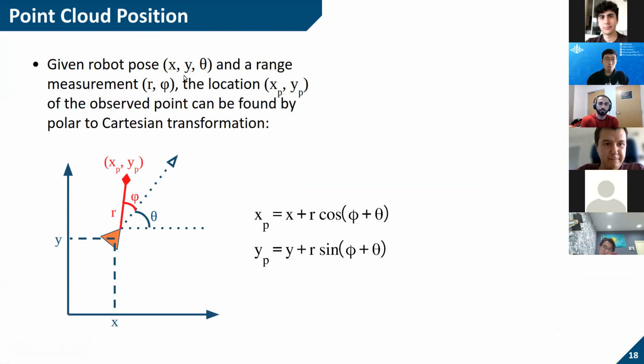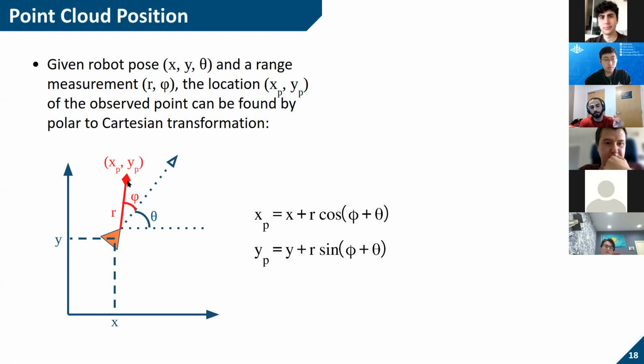So let's have a robot with x, y, theta as the robot position and a range measurement of r and phi, where r is the range and phi is the angle between the robot's orientation and the ray or the beam. Let's say we have a beam that has hit an obstacle, and the robot itself is at position x, y, orientation theta.